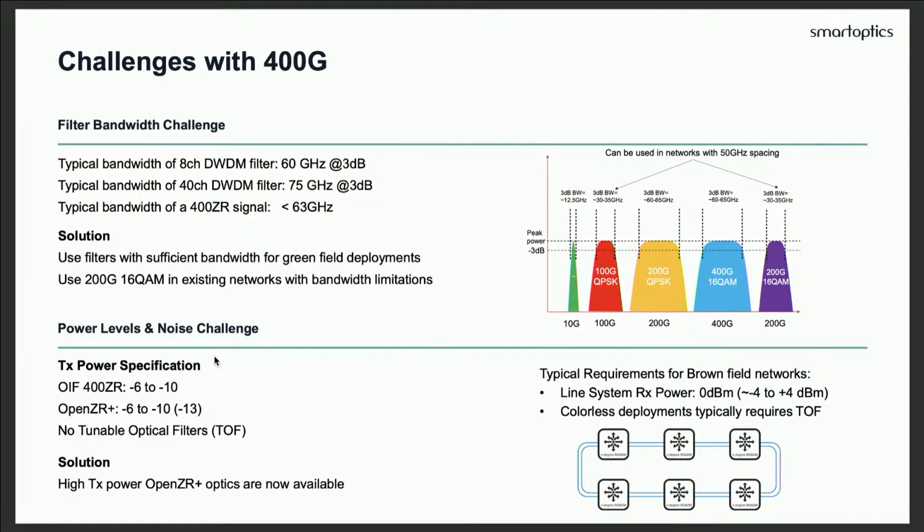We have a couple of customers that are running 400 gig ZR high power over their existing ROADM network without any problems. So I think these are manageable challenges if you know what you're doing. OSNR, of course, is another thing, but these are all things that are doable.